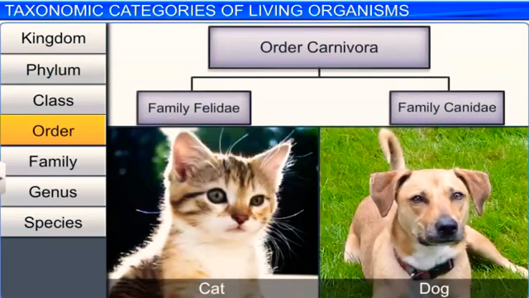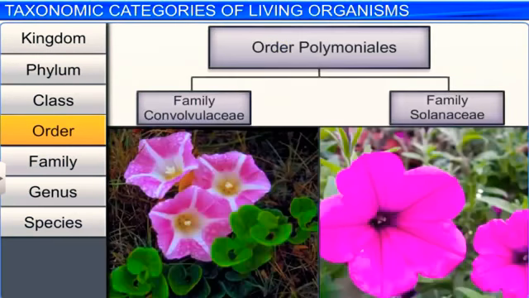Similarly, families like Felidae and Canidae are included in the order Carnivora, while plant families like Convolvulaceae and Solanaceae are included in the order Polymoniales on the basis of floral characters.